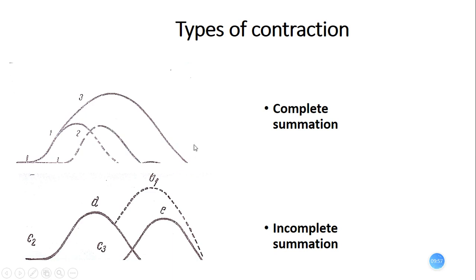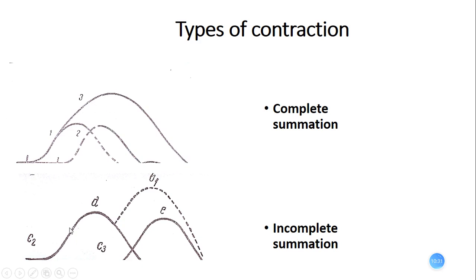If a second stimulus is applied during the contraction period, or during the second half of the latent period, the two contractions are summed up and one single curve is obtained, and this is called complete summation.